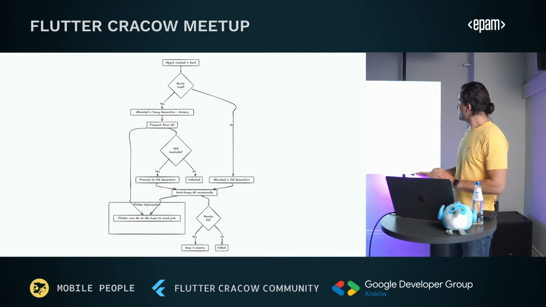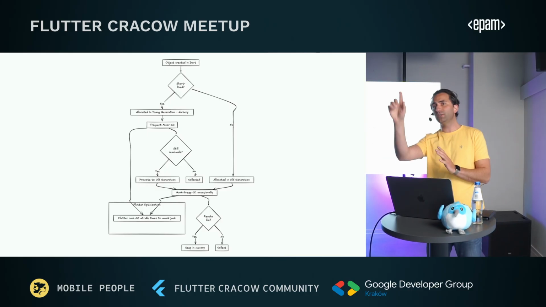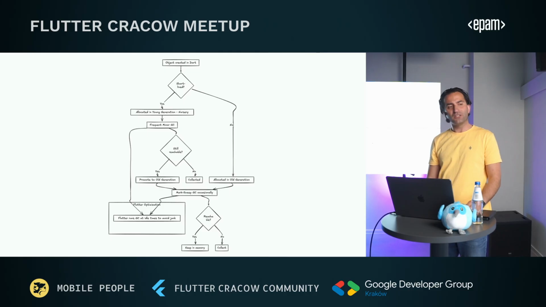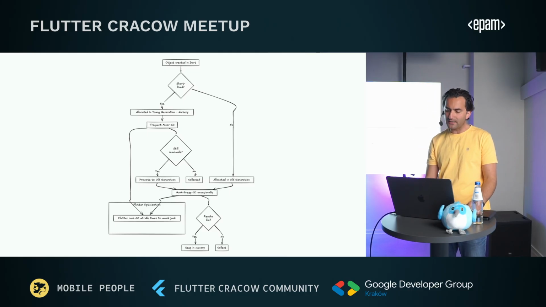So this is probably not a readable diagram, especially if you are sitting all the way down. Doesn't matter, I will go through it right now. The point from this slide is that Dart, if you don't know, is a garbage collected language, which means that we as developers have a kind of peace of mind, letting the Dart VM free up the memory for us.